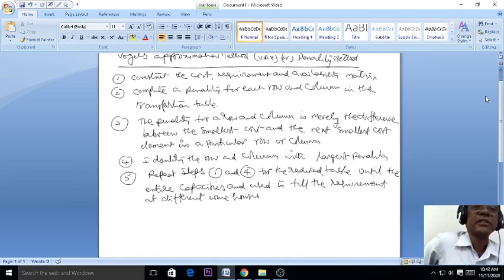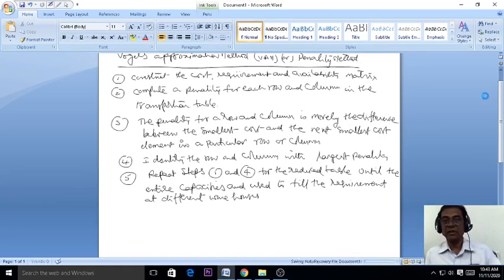I will explain the points. Construct the cost and the requirement and availability matrix for the problem, and first check the basic concept in the transportation problem. First see whether the sum of requirement and supply are the same. If both are the same, then you have to apply; otherwise, it is called an unbalanced problem. Already you know that. And compute the penalty.